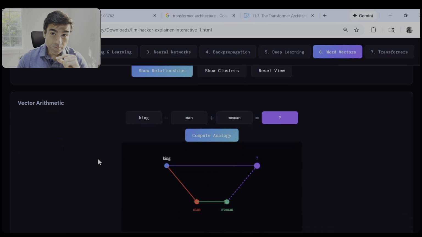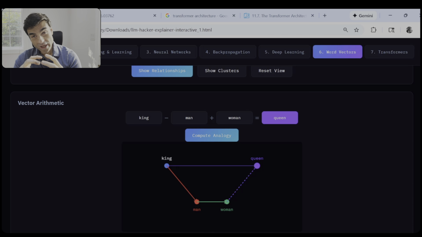And this further preserves additional meaning: the famous king minus man plus woman is equal to, and predict the word queen. All of this happens because when the words are converted to vectors, the semantic value, the meaning of these words, is captured, and the vectorization puts these words closer to each other based on their actual meaning.